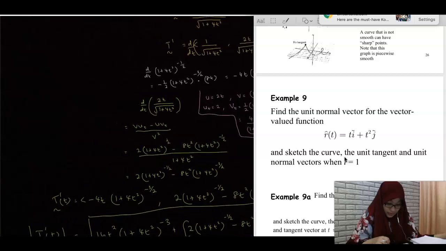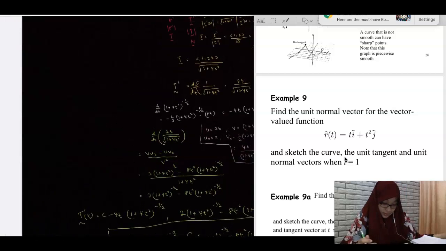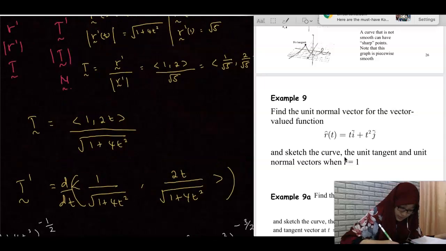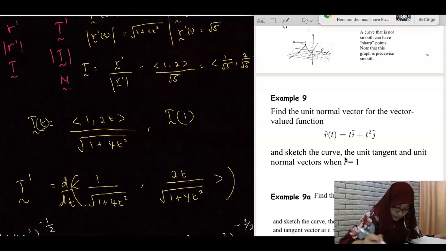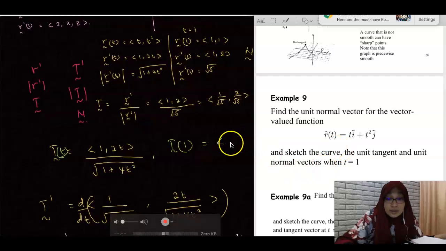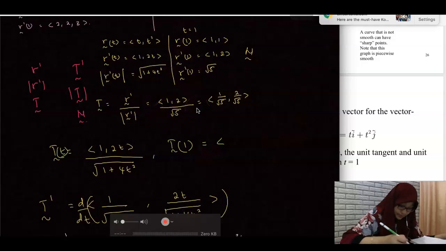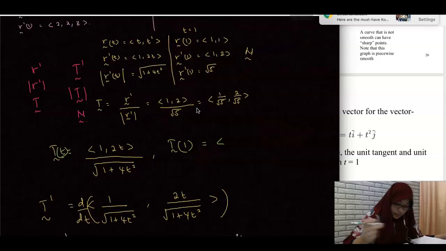So where is your T? This one, I think. So this is T in terms of t. Now T at 1, we obtain that. Actually, we have already computed that from the beginning just now. This one. So that is your unit tangent vector at t equal to 1.